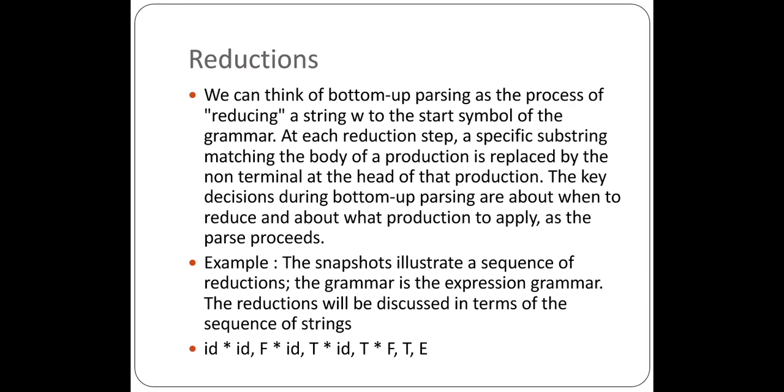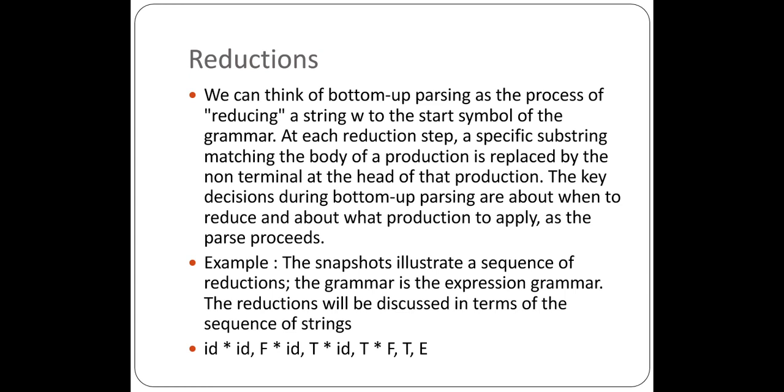And then the reductions. While discussing top-down parsing, we concentrated on the terminology of derivations. But here, while concentrating on bottom-up parsing, we concentrate on the terminology of reductions. Reduction is very simple.